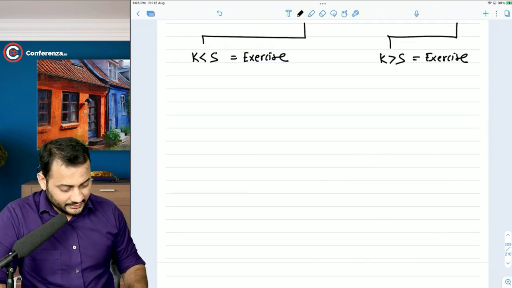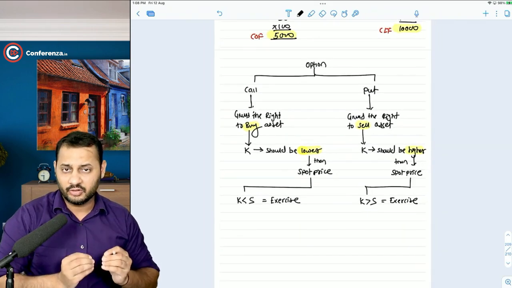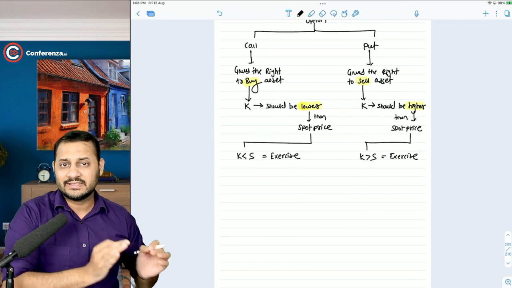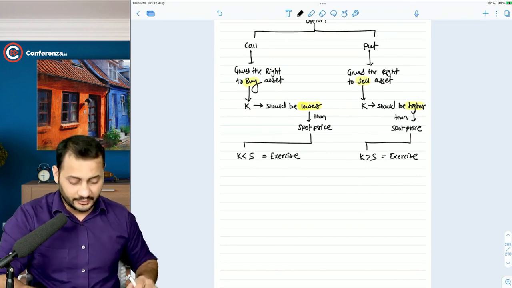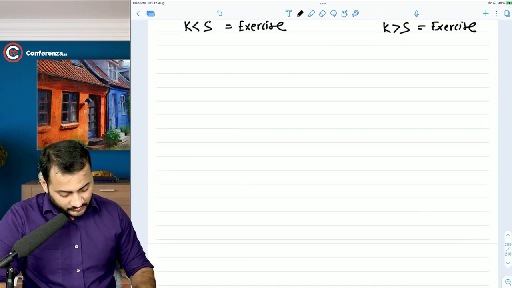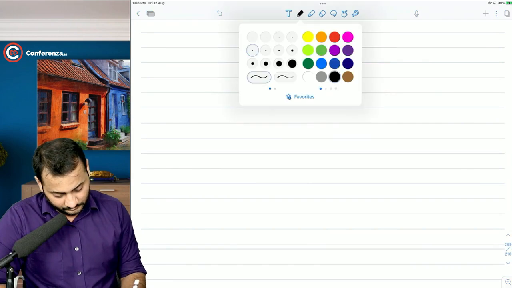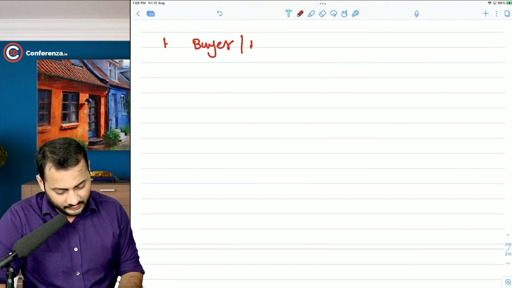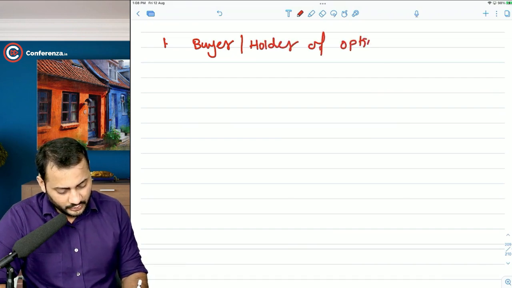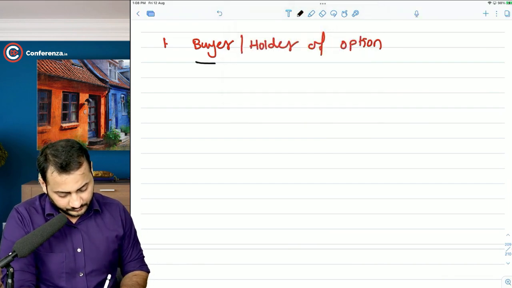So now we can just frame this entire situation in a simple box: when to exercise, when not to exercise, when there will be a profit, when there will be nothing. So have a look. From the angle of the buyer, holder of option, you can call the buyer of the option as a holder of the option as well.